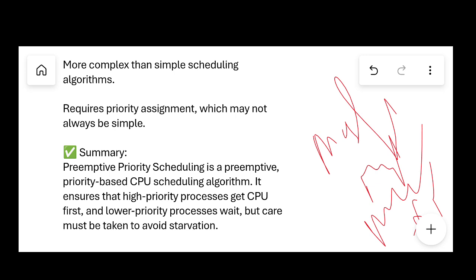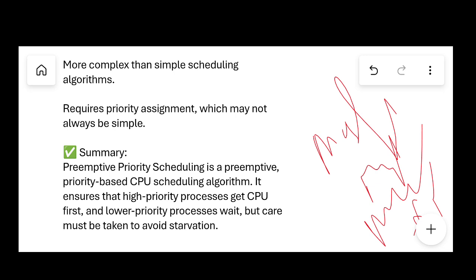It is very useful in systems where some tasks are more critical than others, but we have to be careful to avoid starvation for low priority processes.